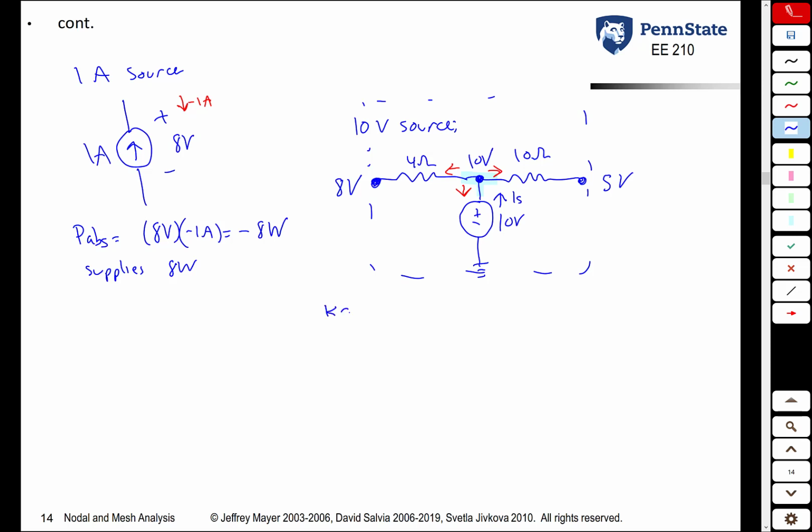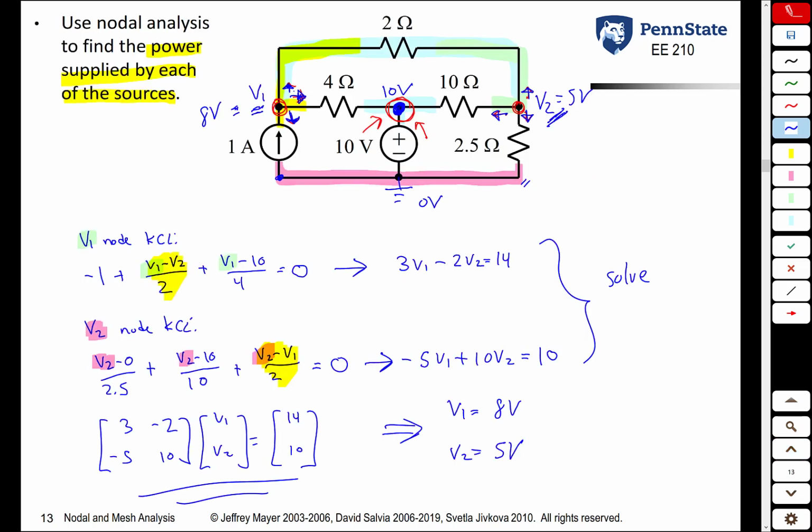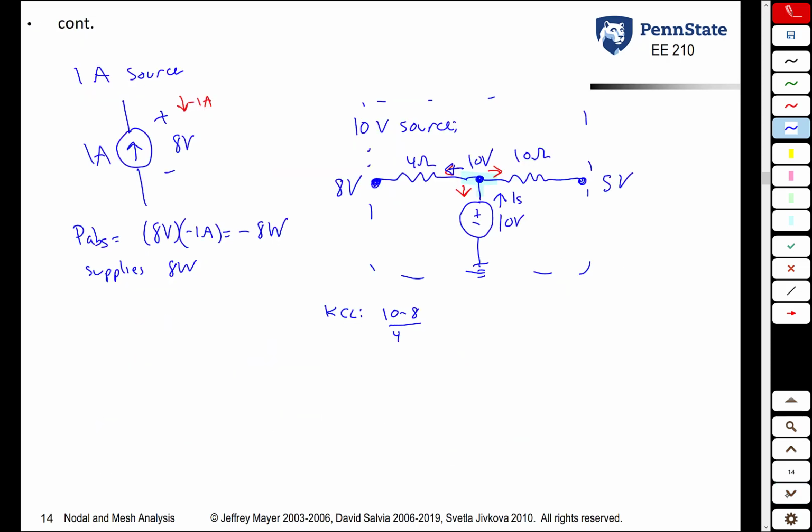So from KCL, current to the left, the current through the 4 ohm resistor, is (10 minus 8) over 4. So notice we're using Ohm's law like we did before, but before when we found the current through this 4 ohm resistor, we did not know V1, we left it as a variable. Now we know the value, so we plug it in.